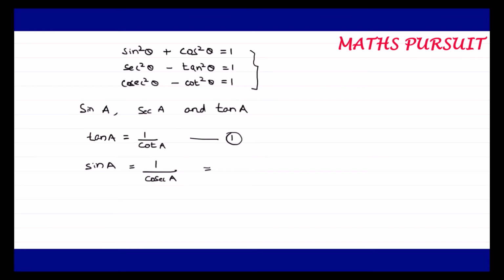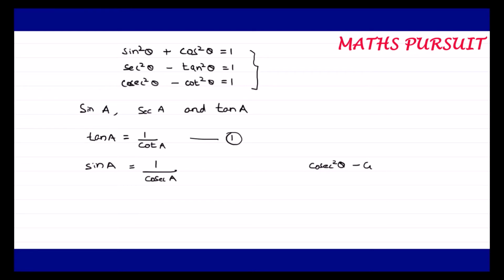If you look here, we got cosec square theta minus cot square theta is equal to 1, or I can say cosec square theta is equal to 1 plus cot square theta. From this last identity, we know cosec square theta minus cot square theta is equal to 1, or we can write cosec square theta is equal to 1 plus cot square theta. So let me put it here so that we know this very well.